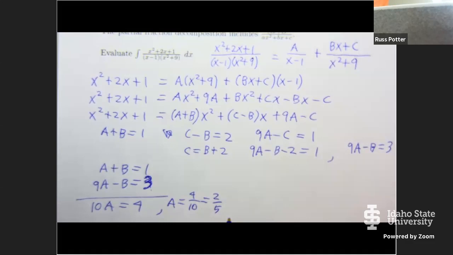Okay, and since a plus b is equal to 1, replace a with 2/5, so we get 2/5 plus b equals 1, so b equals 3/5.